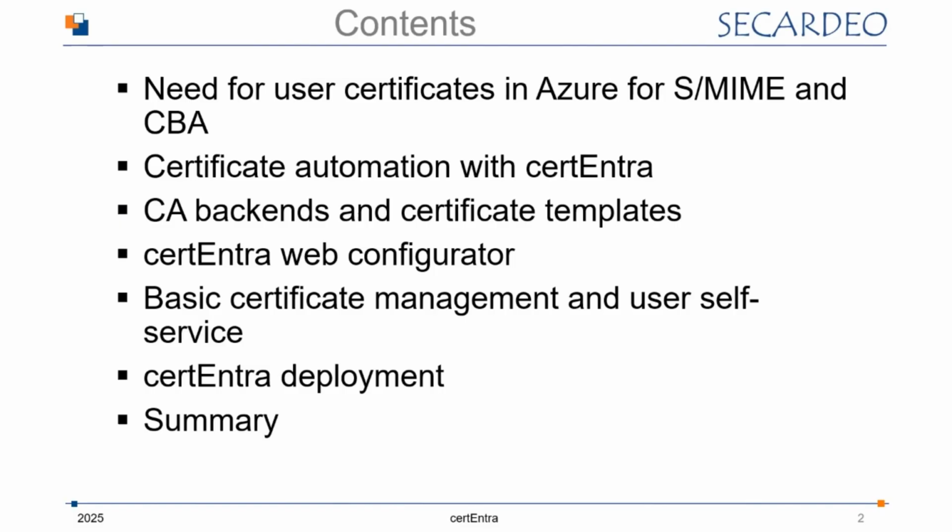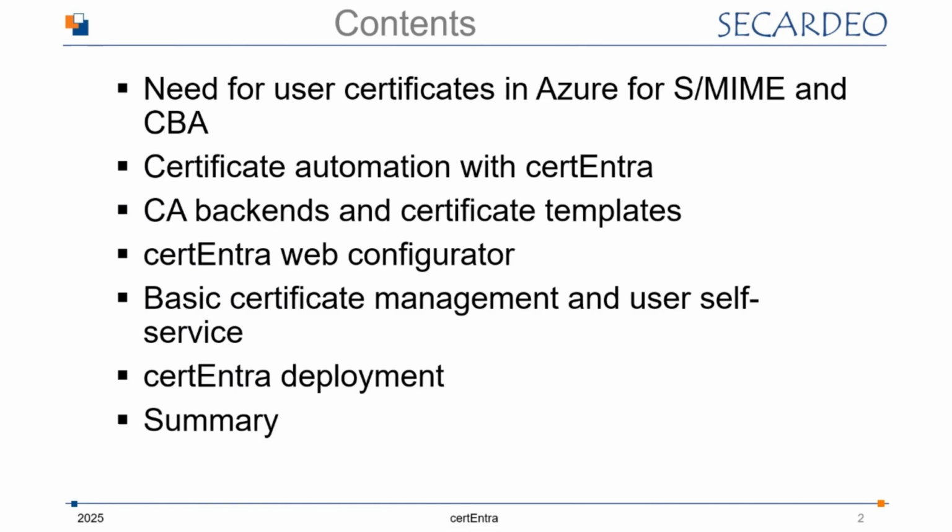First I will explain what the need is for user certificates in Azure for S/MIME and for certificate-based authentication. Then I will explain briefly how the automation of certificate processes will work with certEntra. Then we will go into different options like CA backends and certificate templates.